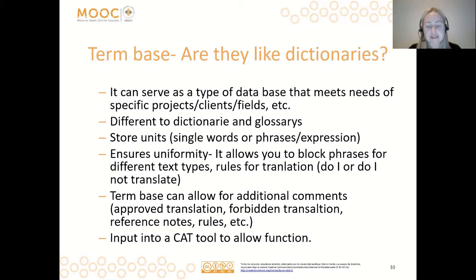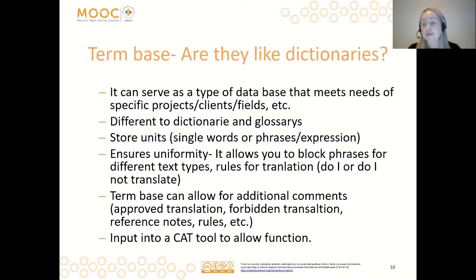So these are databases of terminology that are specific to particular projects. So if you think about it, working with one client could be completely different to working with another. We all have our own preferences when it comes to using language, but sometimes particular clients, businesses want us to use particular phrases and words to refer to particular things.